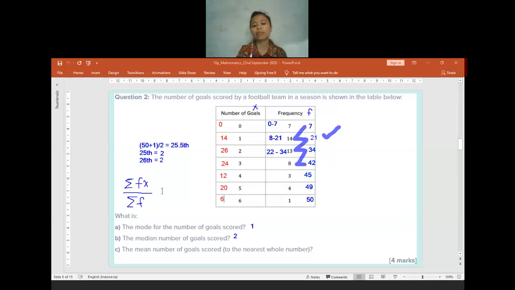So we need to find the total to find the sigma fx. How many is it if we add them all? You can use a calculator, right? Is it 102 or maybe I made a wrong calculation?